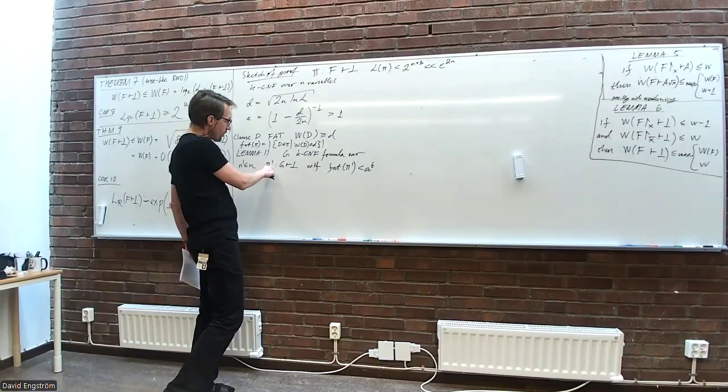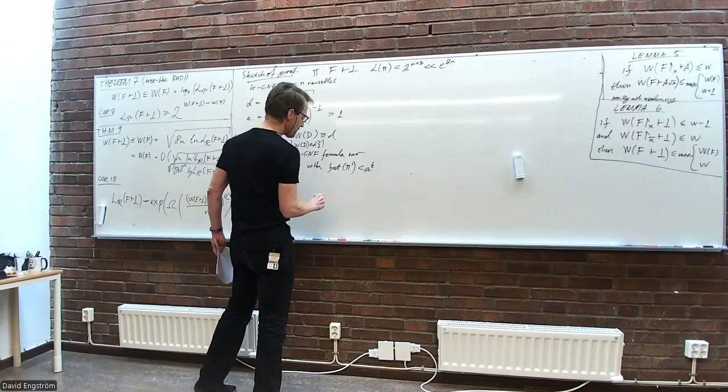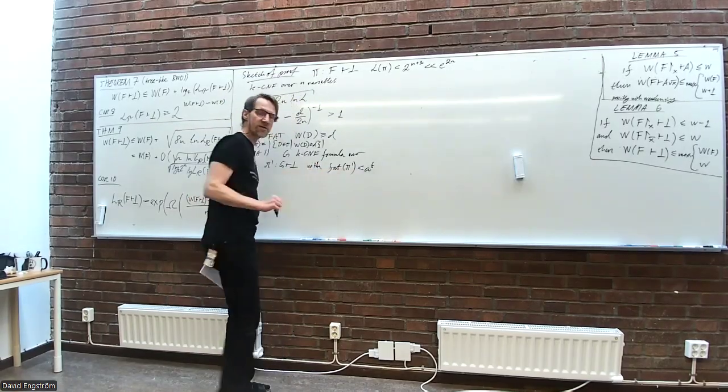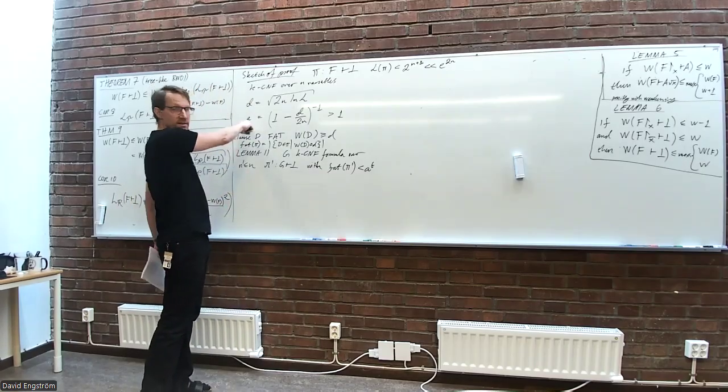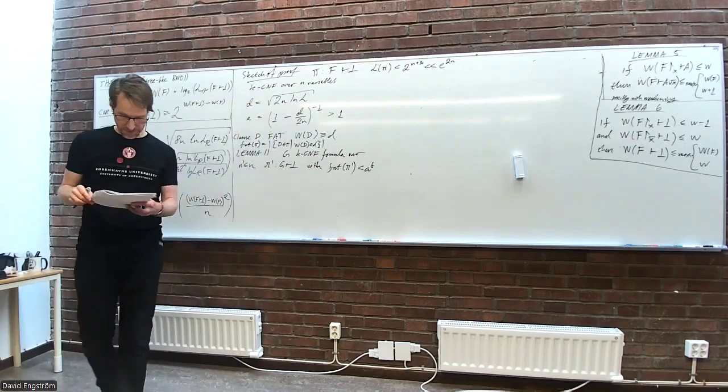Suppose that pi prime is a refutation that doesn't have too many fat clauses, it's at most A to the B, for A being this thingy, and B is a parameter over which we will do induction.